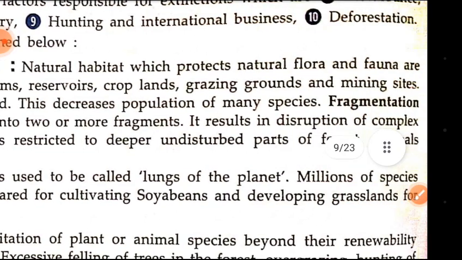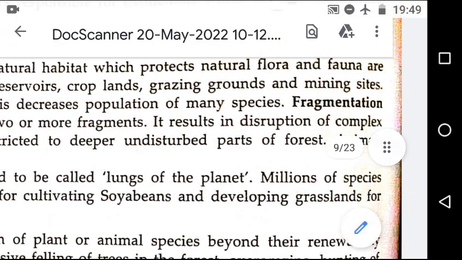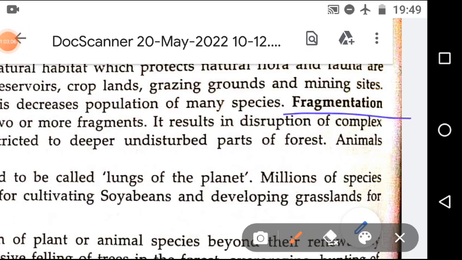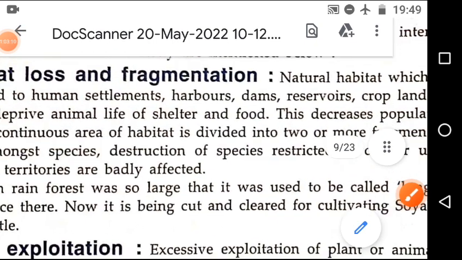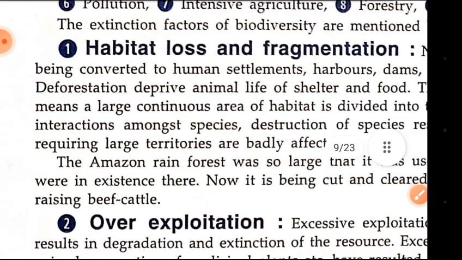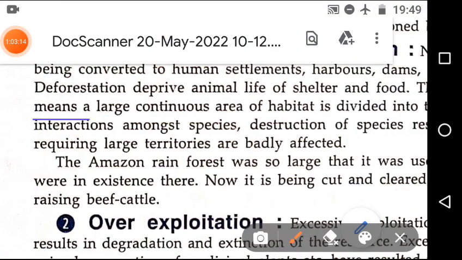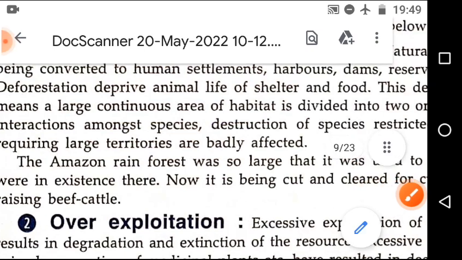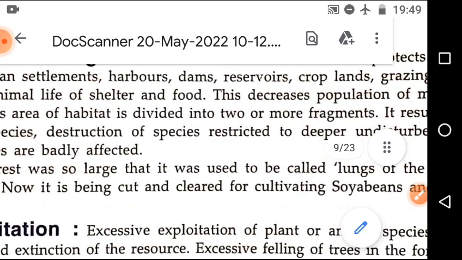Next thing that we see here, that you can commonly see in Durgapur also, is fragmentation. Fragmentation normally means a large continuous area of habitat is divided into two or more fragments.